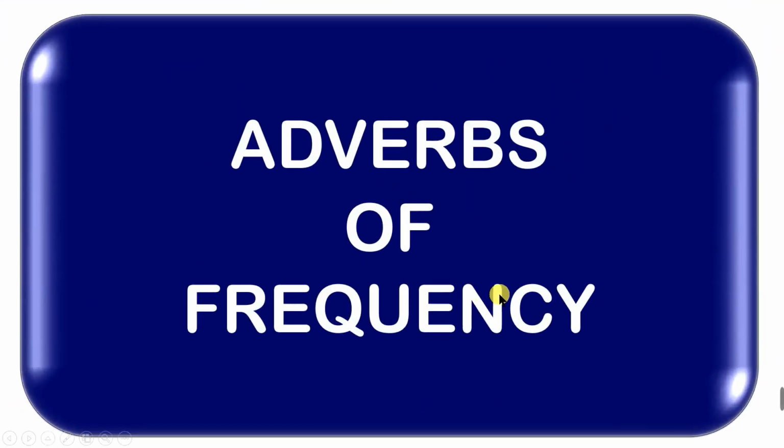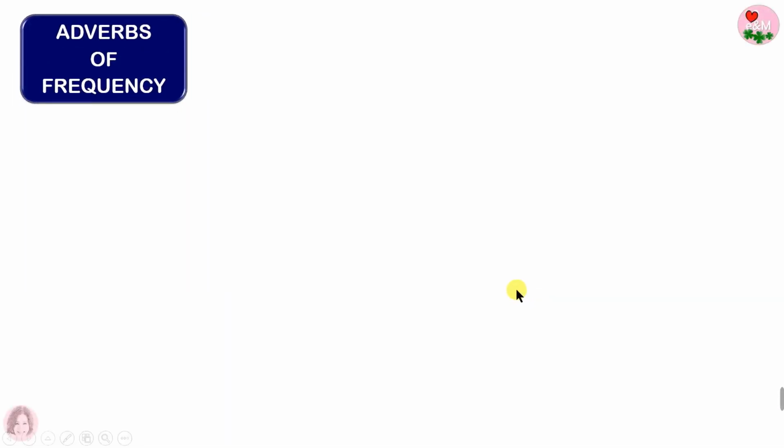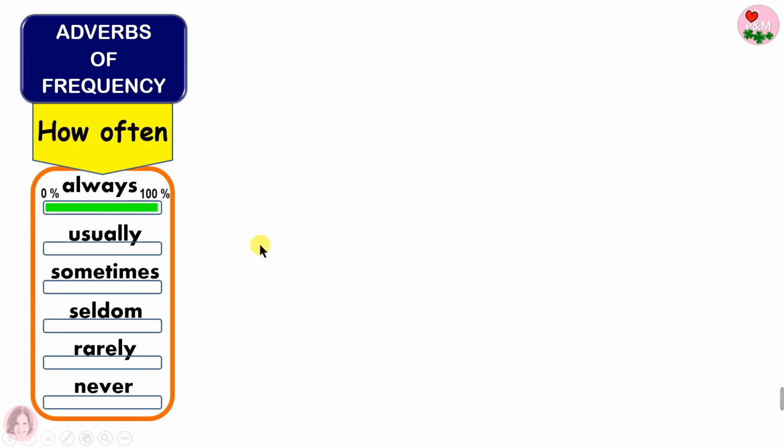So, what are adverbs of frequency? Adverbs of frequency tell us how often something takes place. For example, always, usually, sometimes, seldom, rarely, never.